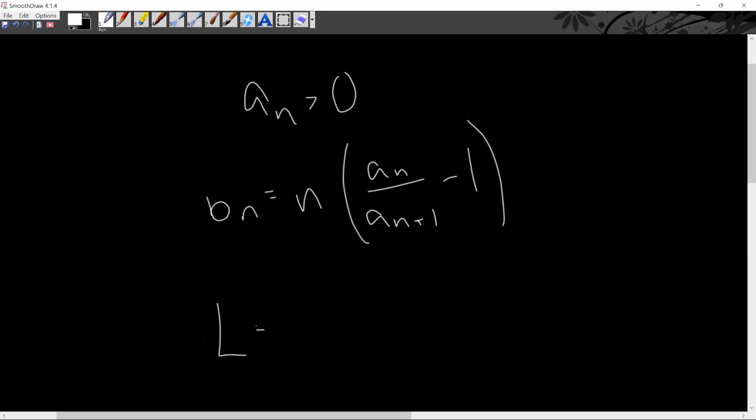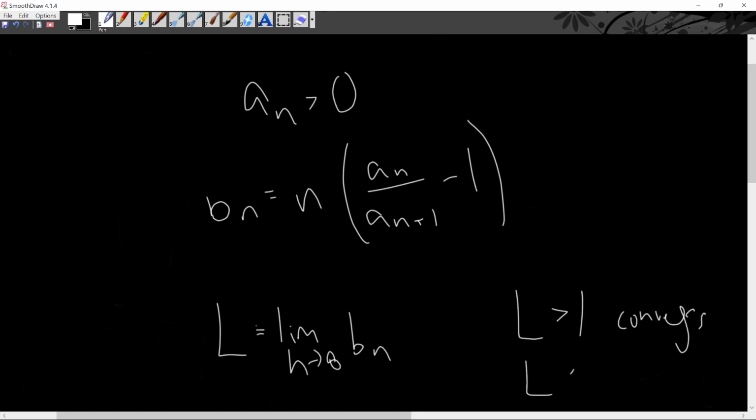If L is the limit of b sub n as n approaches infinity, then if L is greater than 1, the series converges. If L is less than 1, it diverges, and if L equals 1, it is inconclusive for that one.